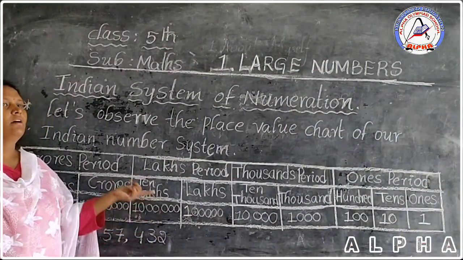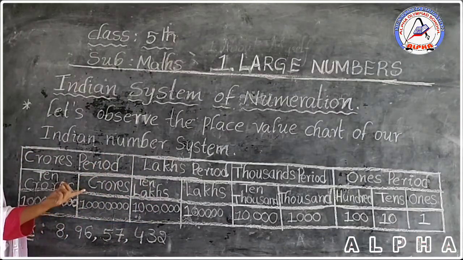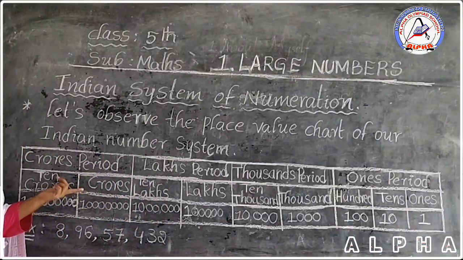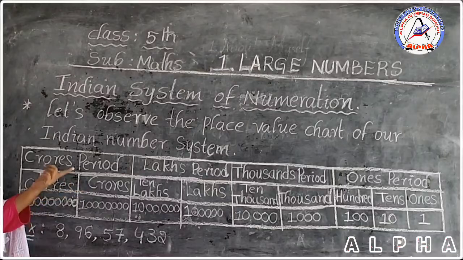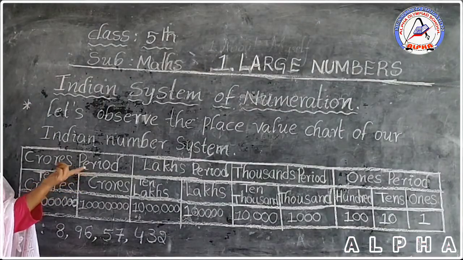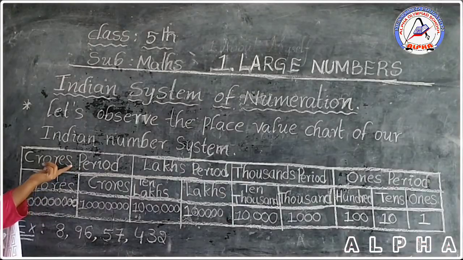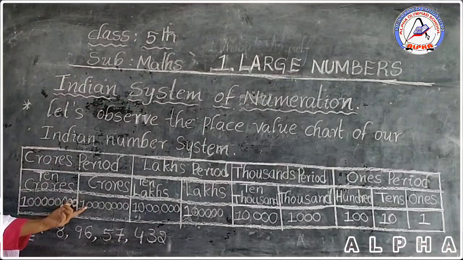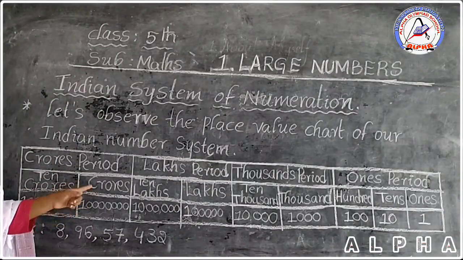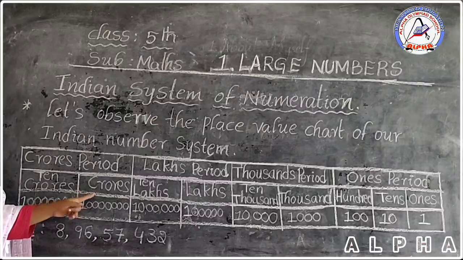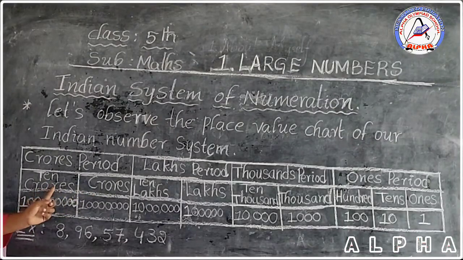Now let's come to know about the crores period. Crores period means this is your fourth period. In your fourth period, the crores period, we have two place values. The first one is crores and the second one is 10 crores.